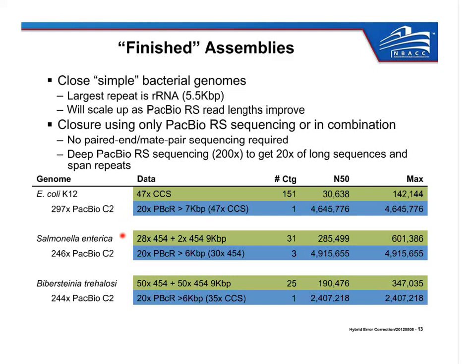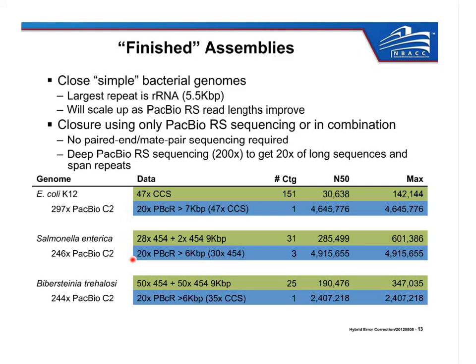We were also able to close a Salmonella genome with a combination of 454 and the PacBio data. And I'll point out here that, as Adam mentioned, for these longer technologies like 454 and CCS, you don't need 100x of coverage. You can see that in 2 out of the 3 genomes, we have 30, 35-fold coverage, and we're able to close the genome.